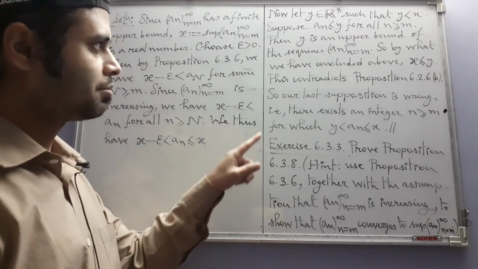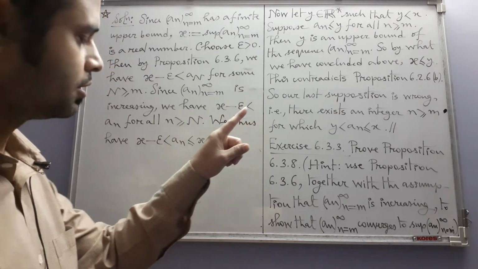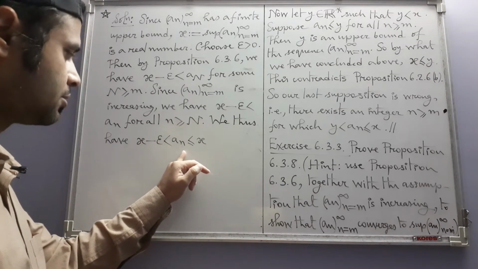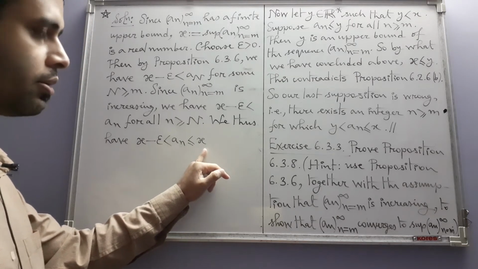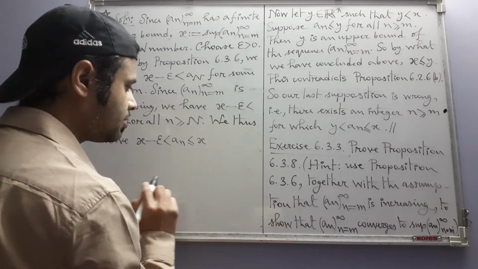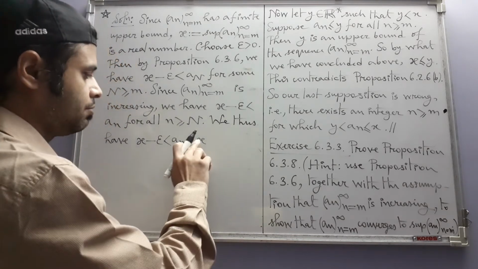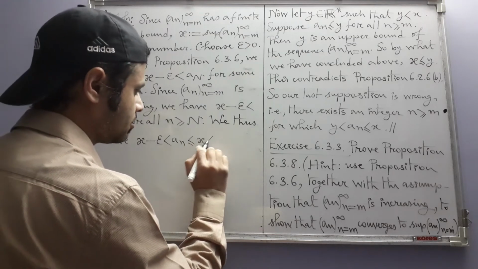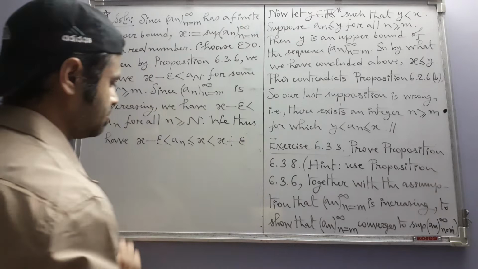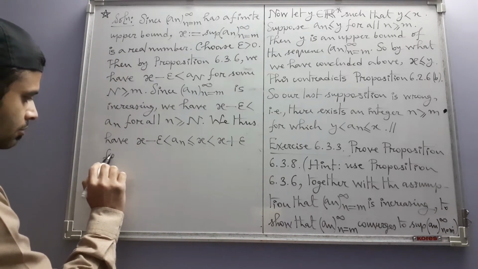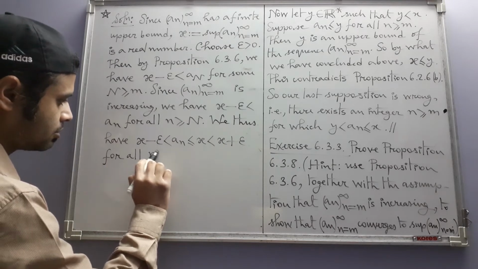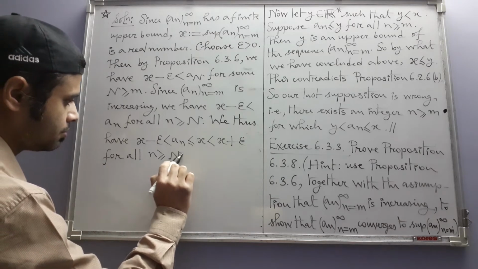This again is coming from proposition 6.3.6, where we have proved that every element of any sequence is less than or equal to its supremum. And if we add epsilon to x, then it will increase. So x is strictly less than x plus epsilon for all n greater than or equal to N.